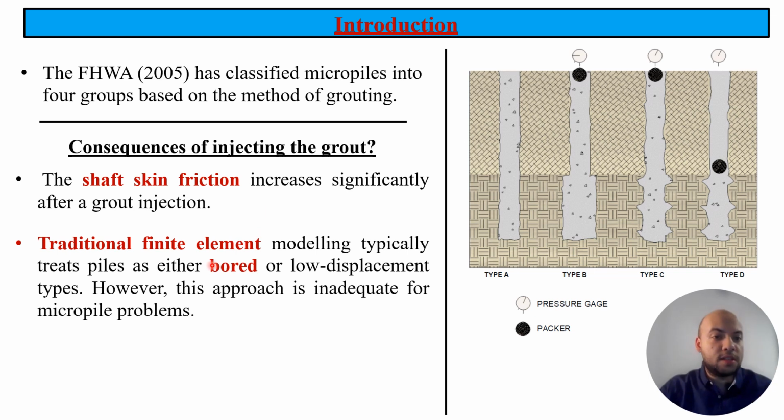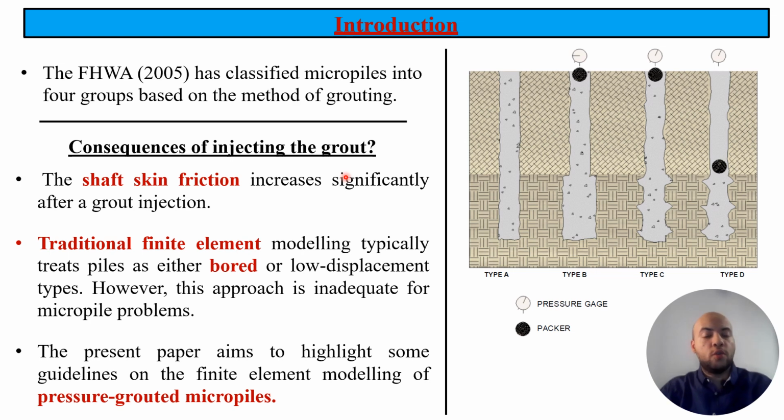If you use traditional finite element modeling methods that typically consider and treat piles as bored pile or low displacement pile, you will highly underestimate the capacity of the modeled micropile. So in light of these points, the present paper aims to highlight some guidelines that every user of finite element software should consider when modeling pressure grouted micropiles.